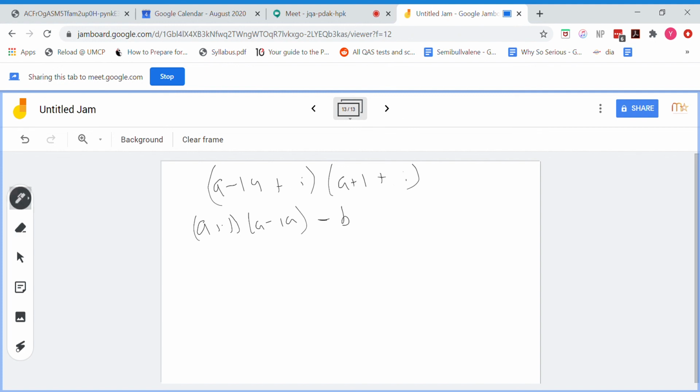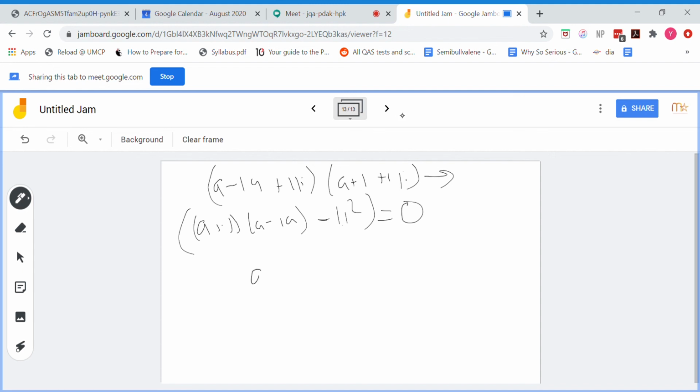b should be 11, right? 11 squared. That's the real part. And since we want this number to be imaginary, we want the real part to be 0, so we set this equal to 0.